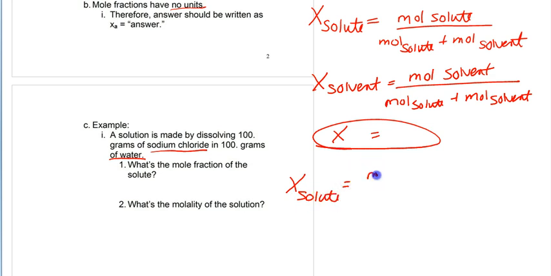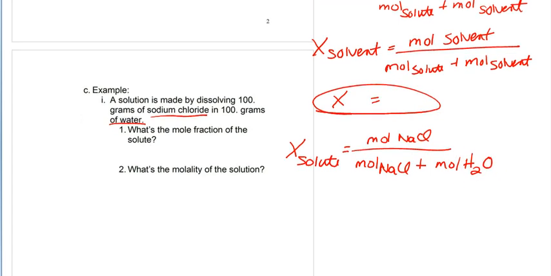So we take moles of sodium chloride over moles of sodium chloride, the same value again, plus moles of water. You first need to do your conversions: take 100 grams of sodium chloride and 100 grams of water, and convert to moles.